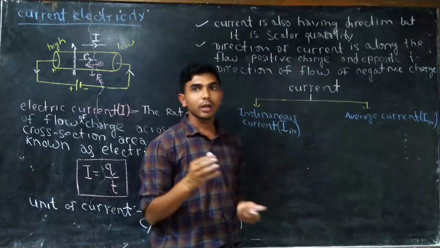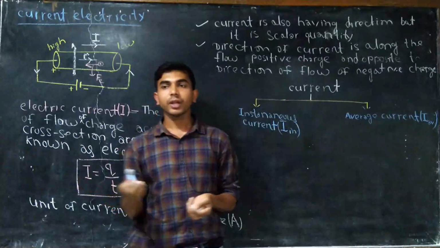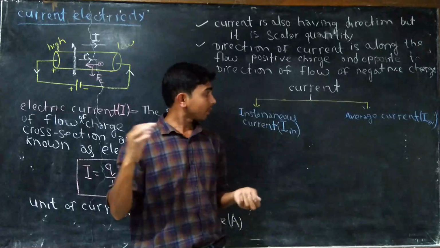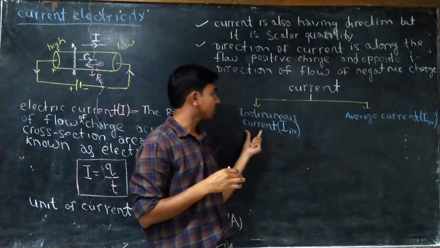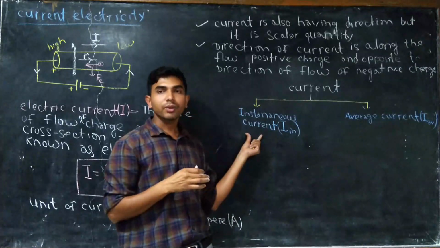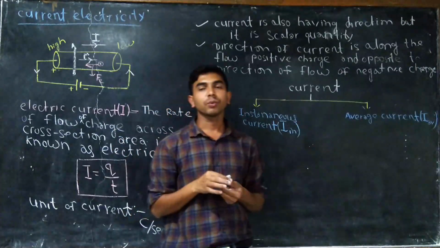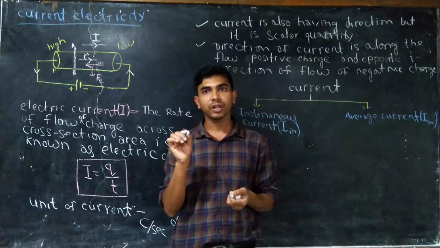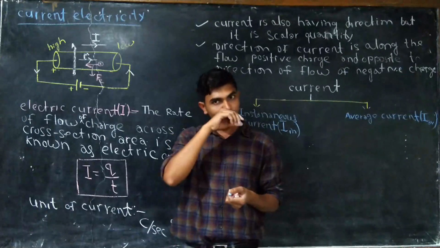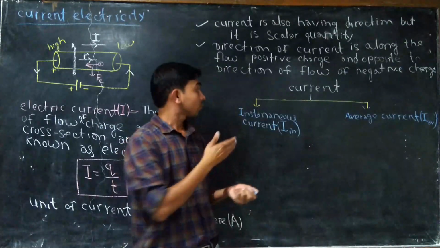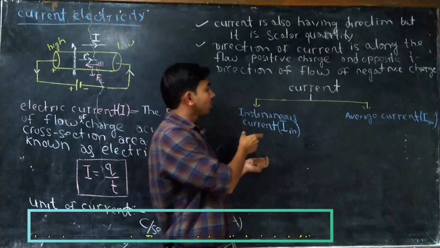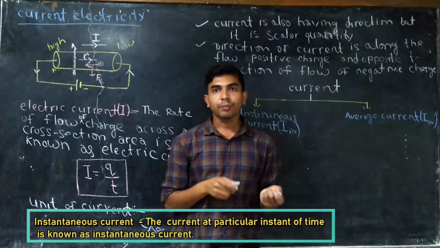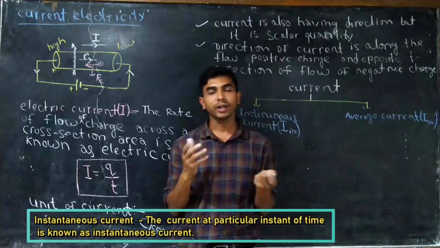Instantaneous current. In previous classes, in class 11, I discussed instantaneous velocity. What was the definition of instantaneous velocity? Velocity at a particular instant of time is known as instantaneous velocity. Similarly, the value of current at a particular instant of time is known as instantaneous current.